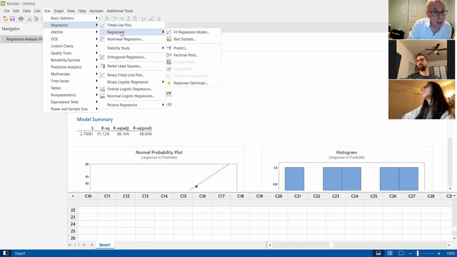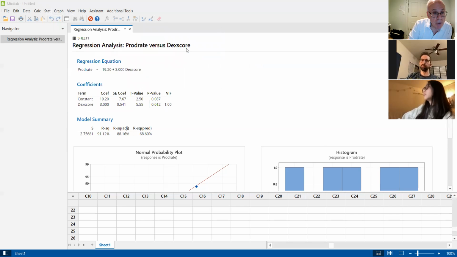And here's something, predict. All right, so we have regression, and do you have something that's called predict in here? Yes. All right, so let's try it. See what happens.